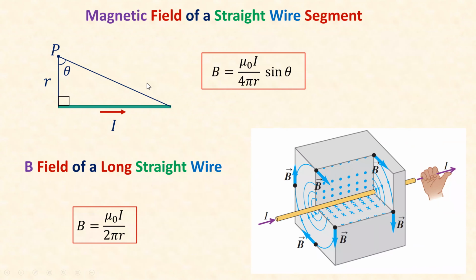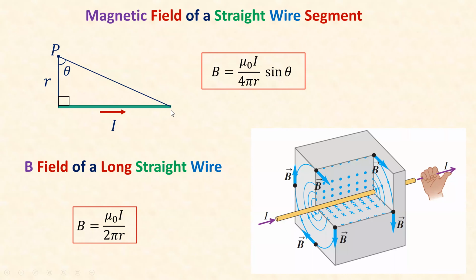And if you integrate over a piece of wire, you can find the magnetic field at this point, which is the perpendicular distance r to one end of the finite wire. You get this formula, which is mu naught I over 4 pi r times sine theta. Theta is the viewing angle of the wire from this point.